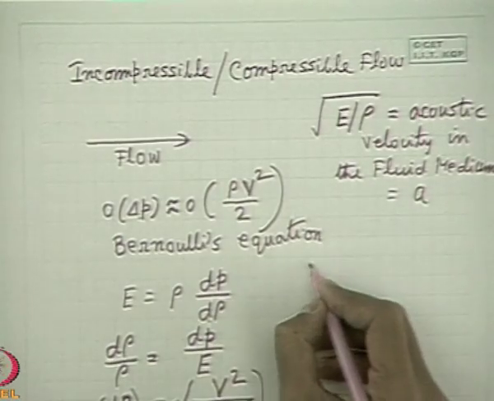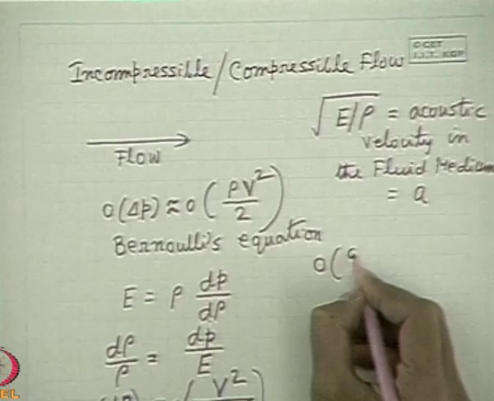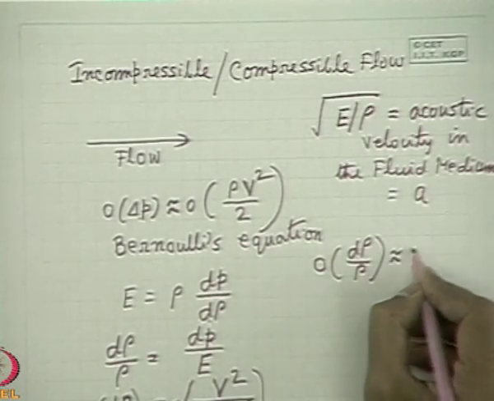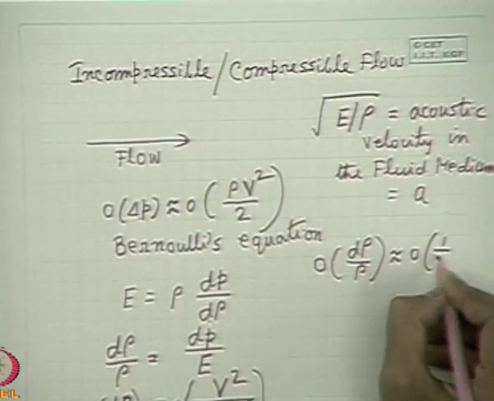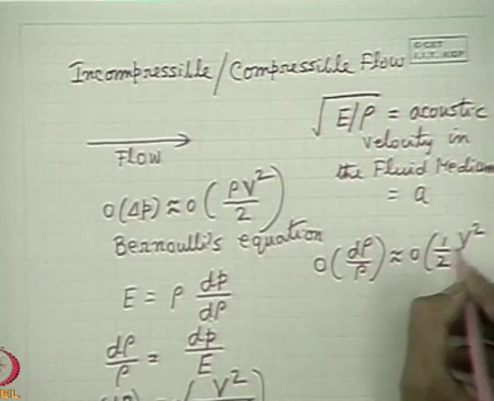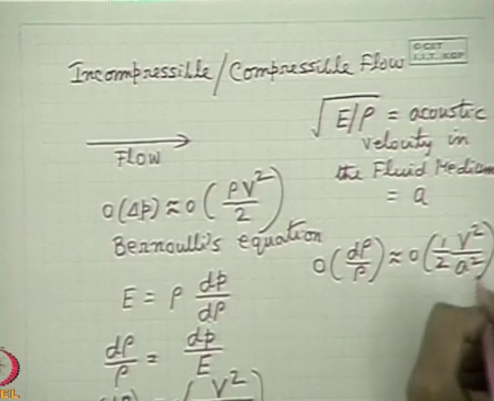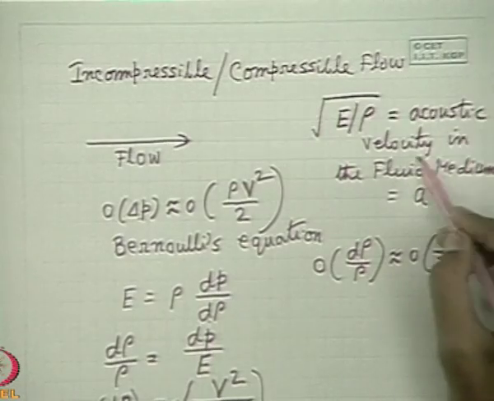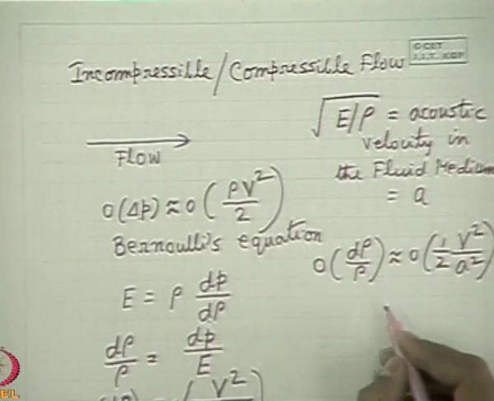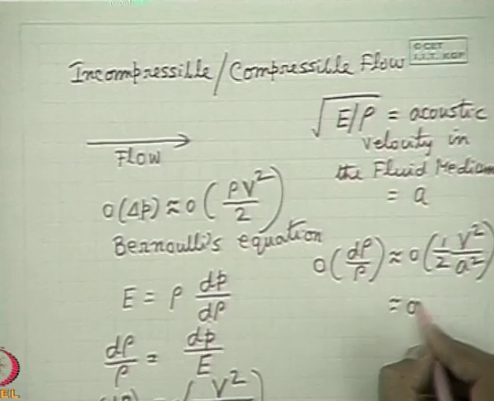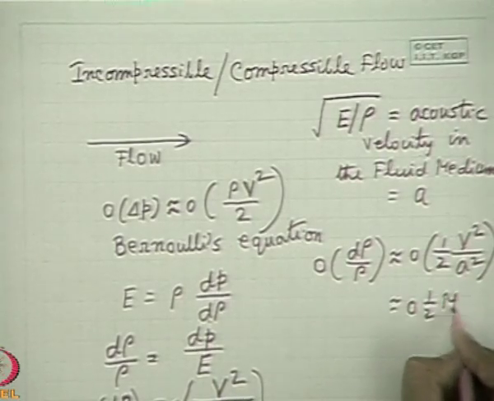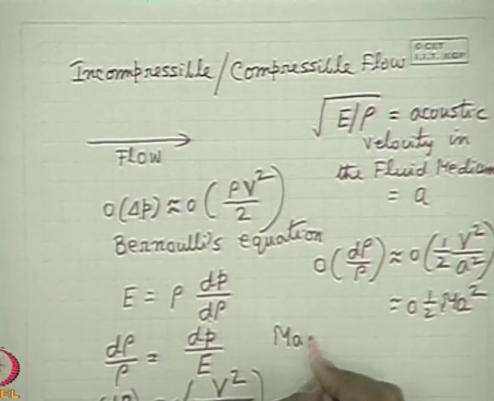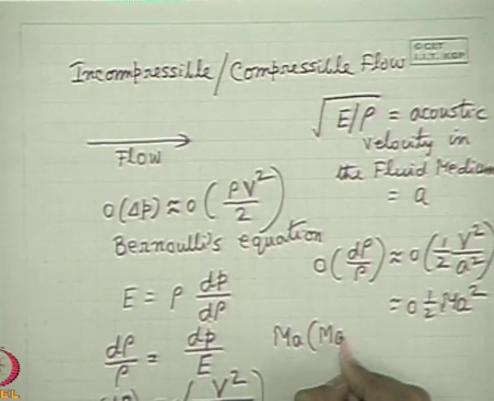So therefore we see the order of d rho by rho becomes almost equal to the order of half V square by A square. That means the ratio of the square of the flow velocity to the square of the acoustic velocity in that fluid medium. We define a quantity Ma, that is known as Mach number.